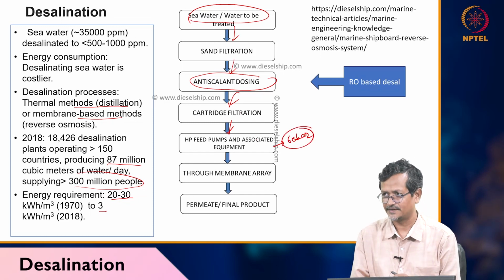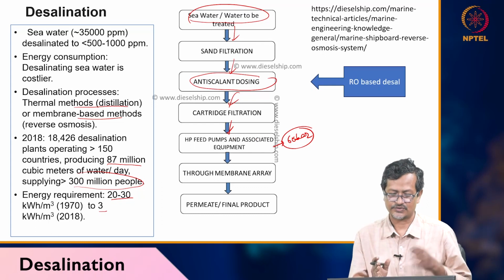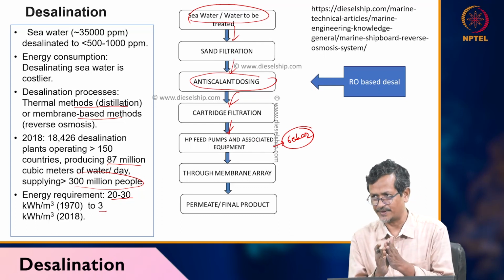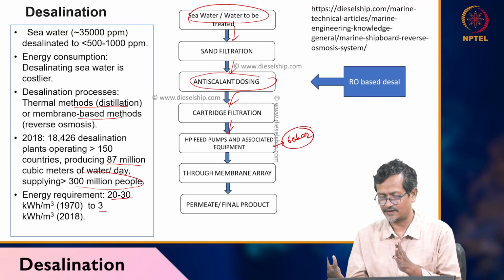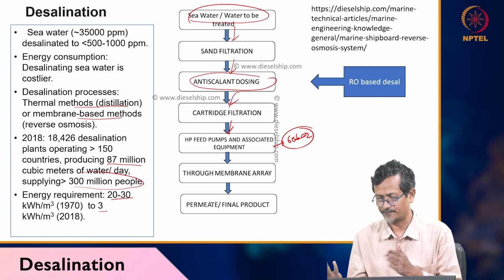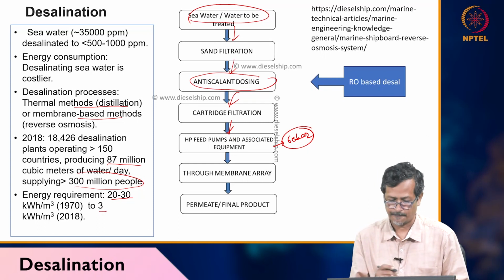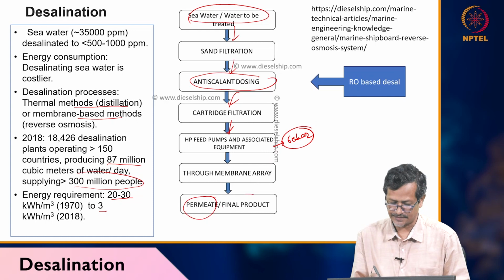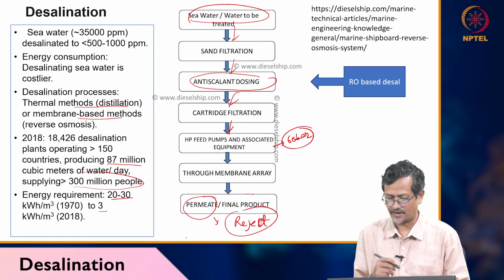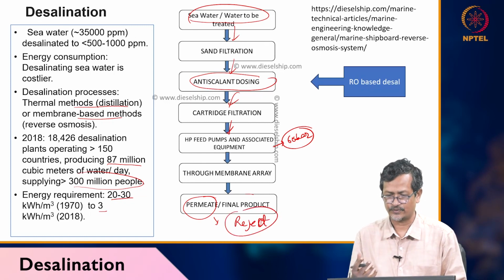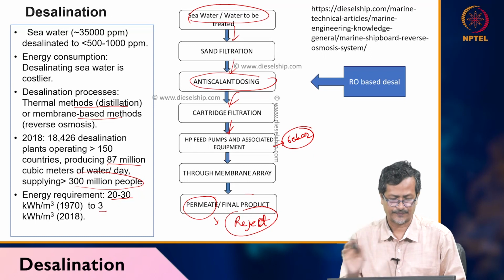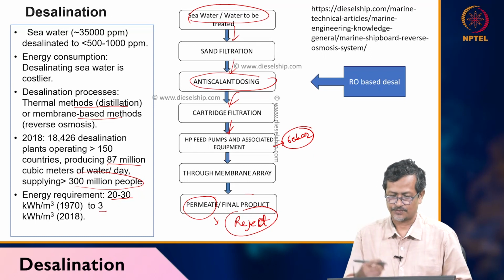Only then will your salt water pass through the membrane, and you will get distilled, low salt concentration water. That is called permeate. After the membrane, one output is permeate, the other is reject. Reject means the high salt concentration part. You are not using that one, you are throwing it into the ocean again.